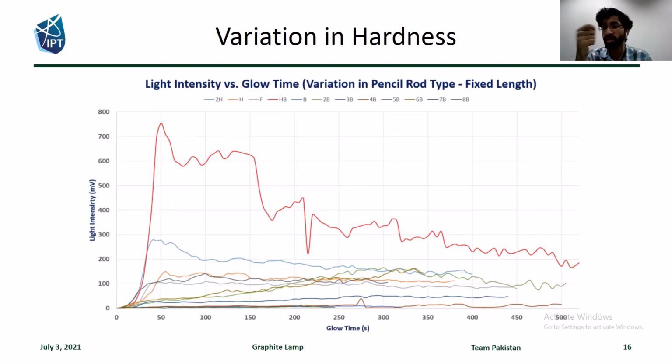You may say that since the hardness is increased, I should get more glow for the pencil types with higher hardness, since I have a higher resistance. But the issue is that higher resistance restricts the current from flowing, which also results in some issues.